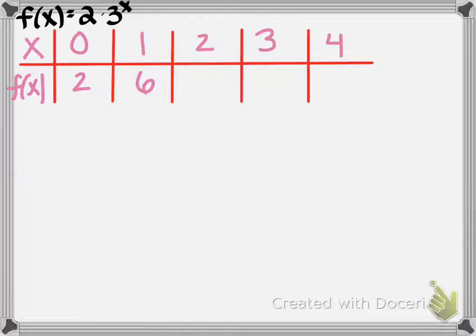When x is 2, f of x becomes 18. When x is 3, f of x becomes 54. And 162 when x is 4. Now, if you notice from our last unit, this first number is our starting point. So when it's 0, our starting point is 2, just like we did with geometric sequences and series. And then we're multiplying by 3 each time.